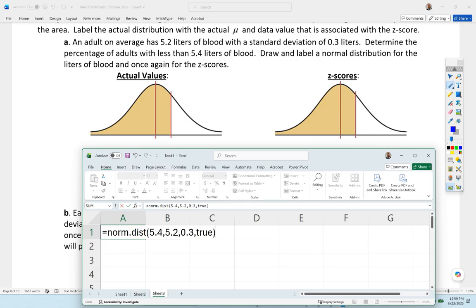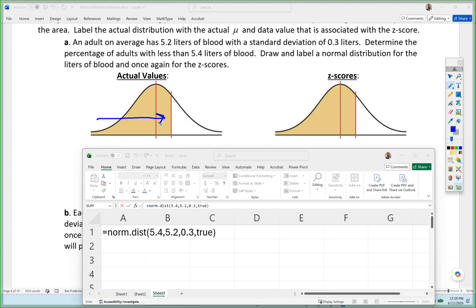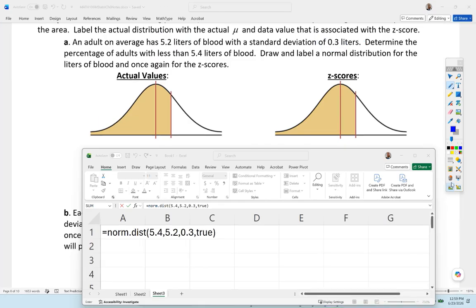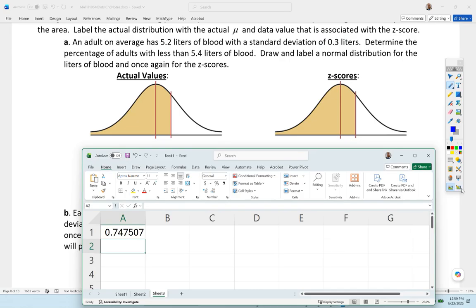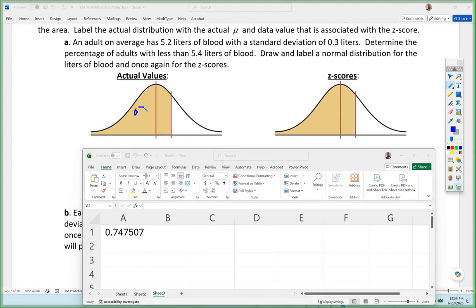Okay, so that's 5.4 liters or less, right? That's a pretty straightforward one, no deviations. There's our mean, there's our standard deviation, correct? Okay, so we get about 75% essentially is the area that's in here, right? 0.747, dot, dot, dot.